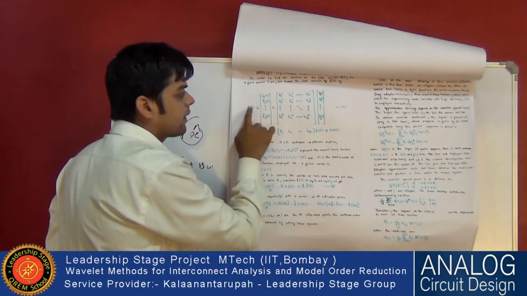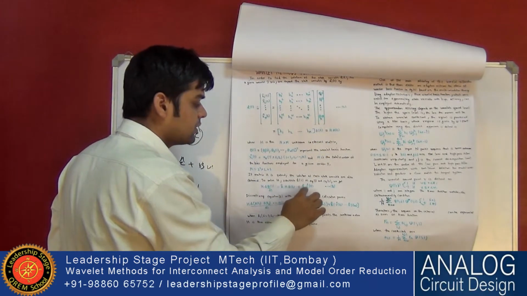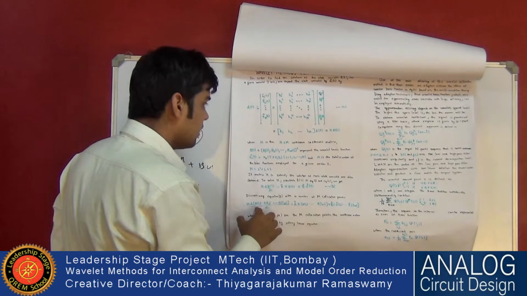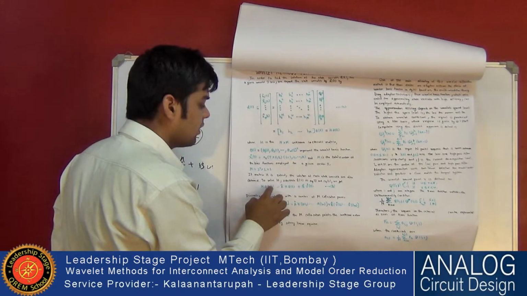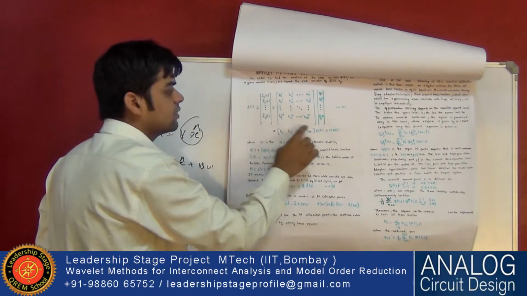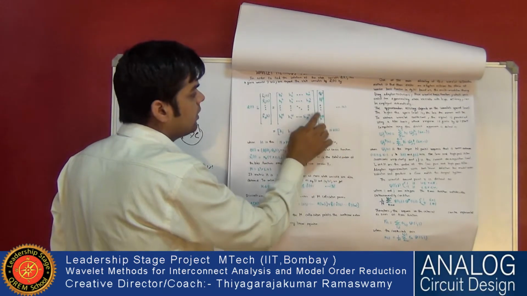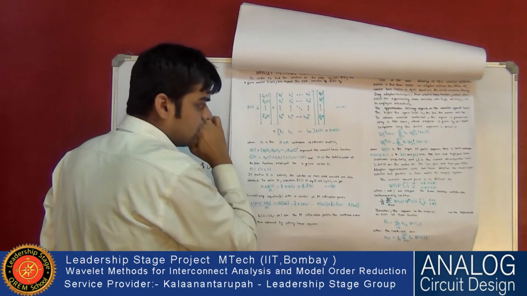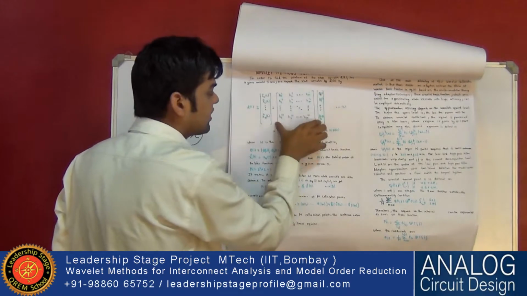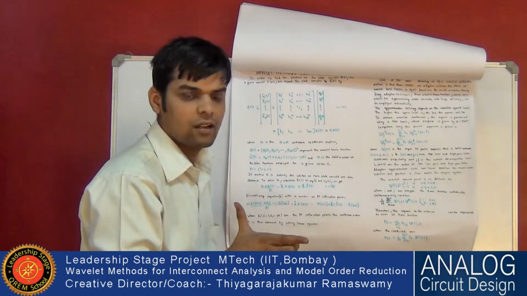Then putting this value of x(l) in the first equation, we get H dot theta equal to A H theta plus B H u theta. Discretizing equation 3, this is the continuous form and this is the discretized form, because everything we have to do on a computer.